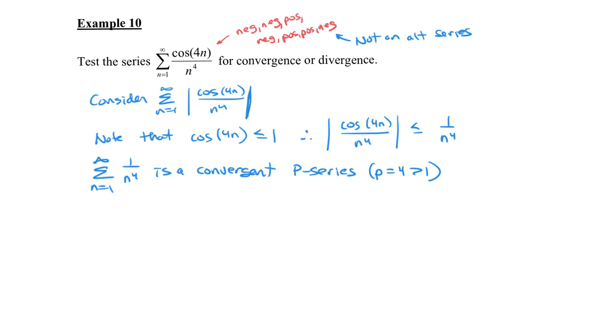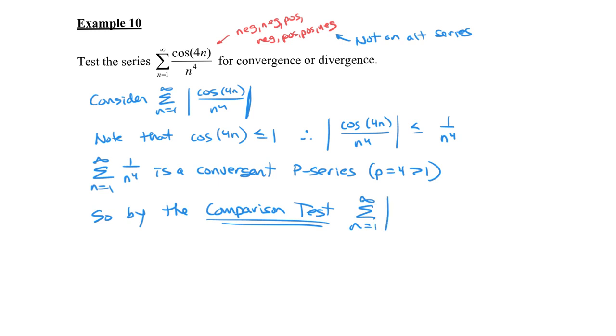By the comparison test, we can say the series n equals 1 to infinity of the absolute value of cosine of 4n over n to the 4th also converges. Remember, we also know that absolute convergence implies convergence.